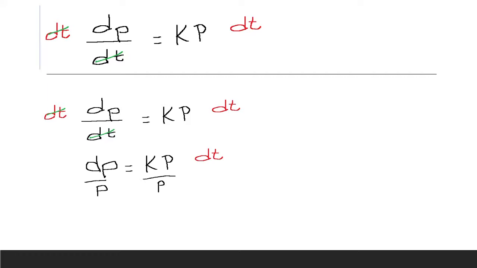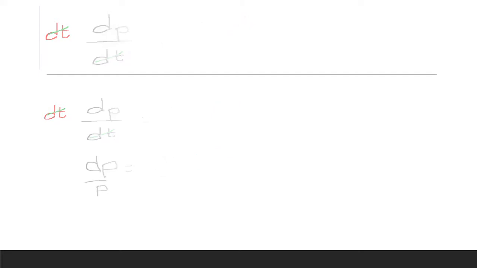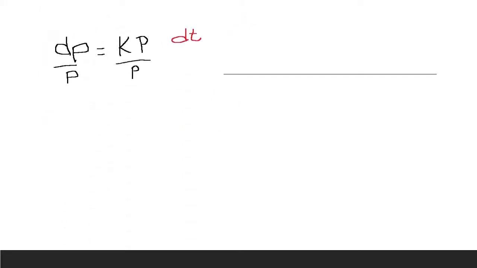Now we need to separate the variables. k is a constant, as I said, it's the relative growth rate. We need to separate P from dt. So let's divide both sides by P. Now we have 1/P dP = k dt.